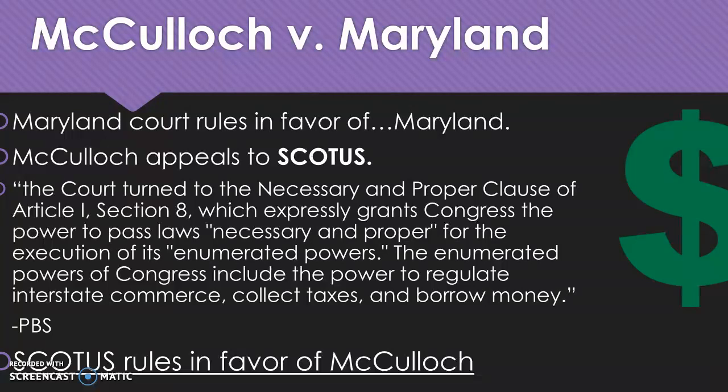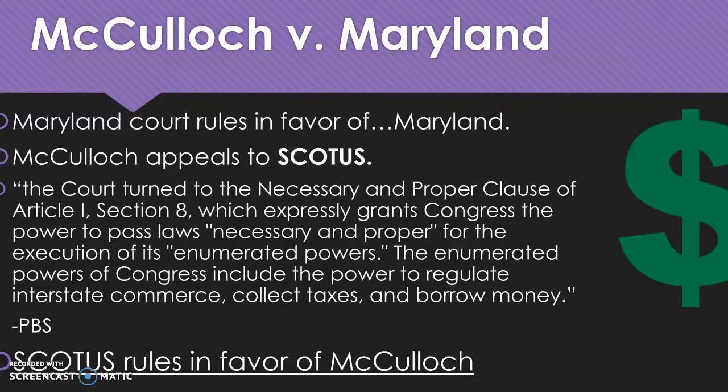So James McCulloch, who's facing this massive lawsuit, appeals so that the case will get sent up to the Supreme Court of the United States. And the reason that there is jurisdiction there is because we're crossing state lines. The Bank of the United States is a federal bank. Maryland is its own entity. So once you cross those lines, you can go and appeal to the Supreme Court.